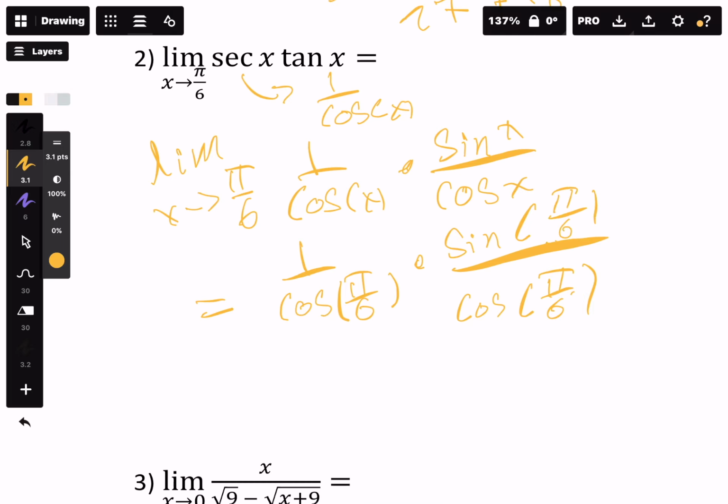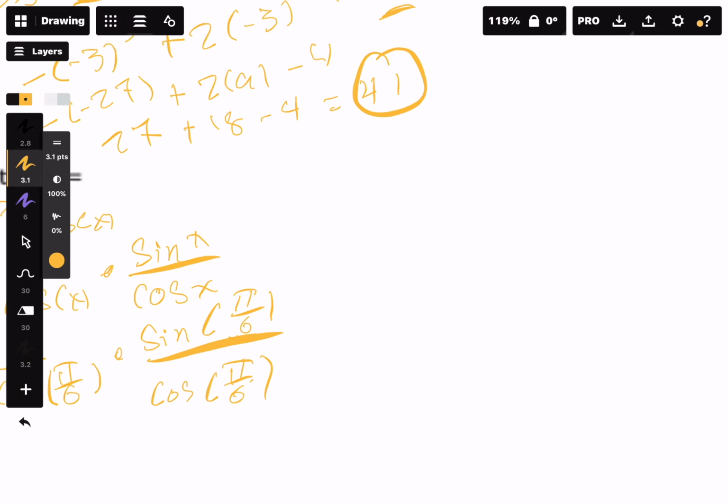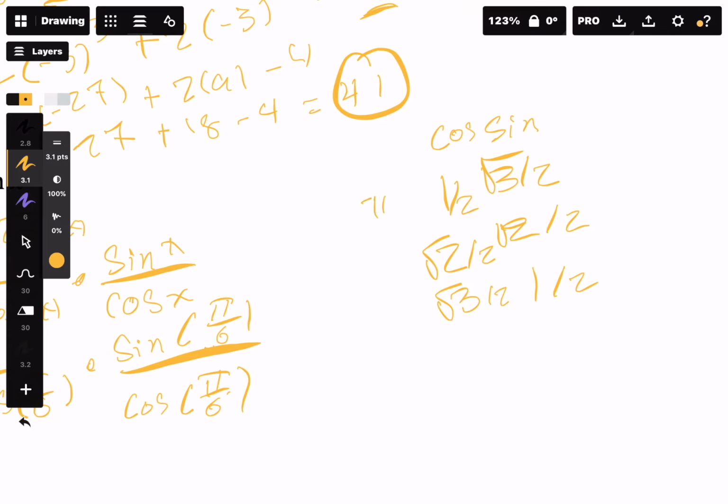Okay, so let me write a quick visual: 1, 2, 3 and 3, 2, 1, divide everything by 2, root everything besides 1. This is cosine, sine, for pi over 3, 4, and 6.